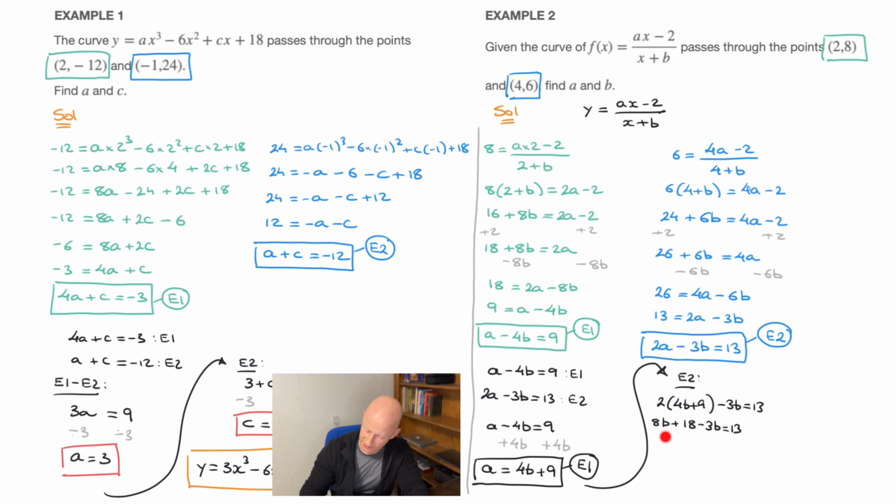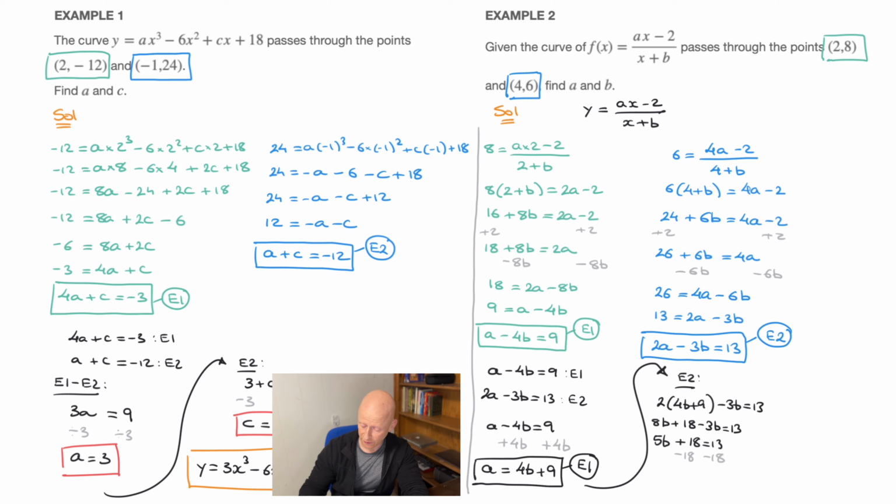And gathering the b's that we have on the left-hand side here, we have 8b minus 3b, which is 5b. So that's 5b plus 18 equals 13. And we now get rid of this 18 that's being added on the left-hand side here. And we do so by subtracting 18 from both sides.